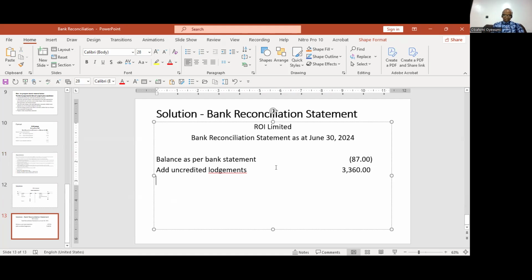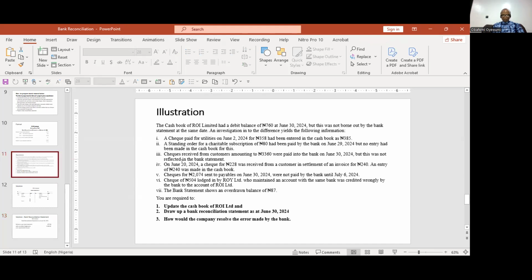So let's now deduct, or let me use the word less. Less unpresented checks. How much? We have unpresented checks given as well. Unpresented checks of 2,074 sent to payables on this date, but that's yet to be reflected as at the end of the month of June.